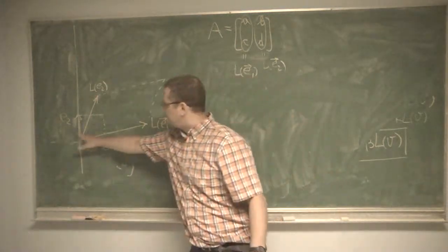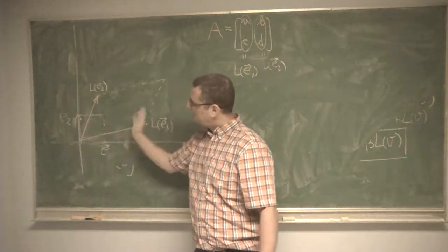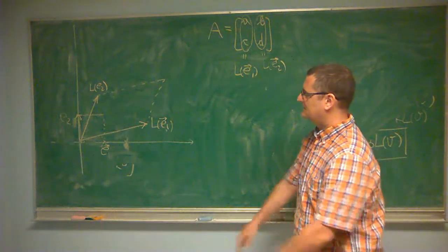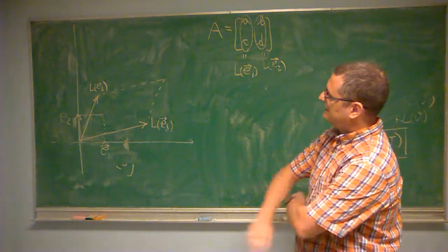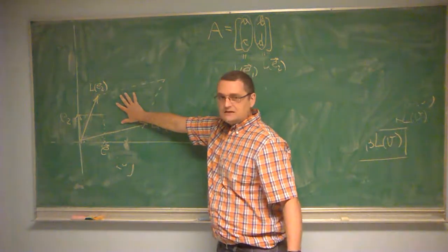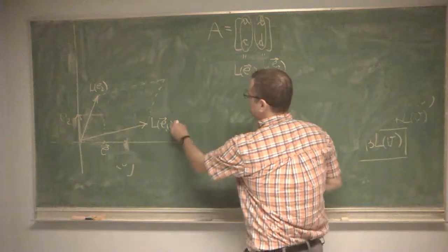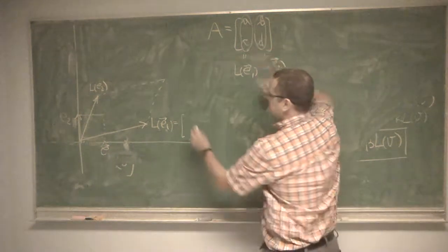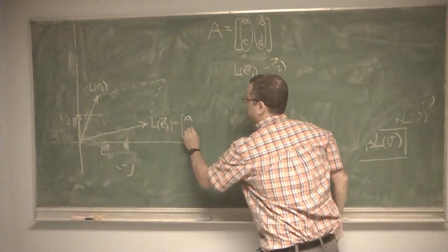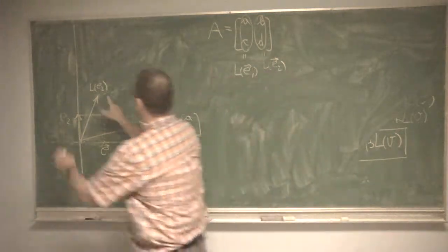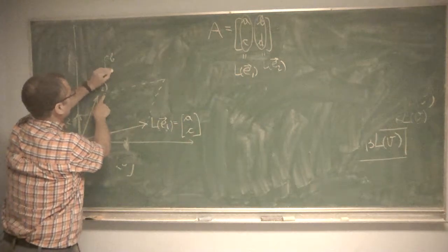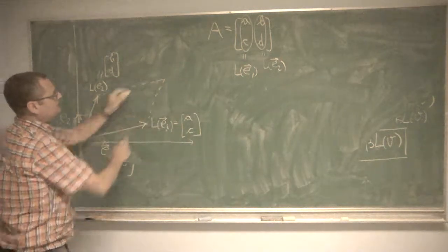You don't need to preserve angles, but you do have parallel lines being preserved. Okay, so what is this area? Well, if this is my point AC, so column matrix AC, and this is column matrix BD. Okay, this point here.